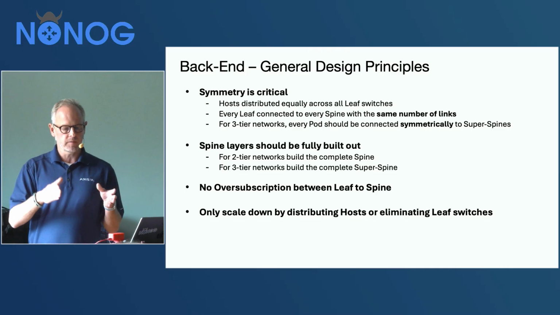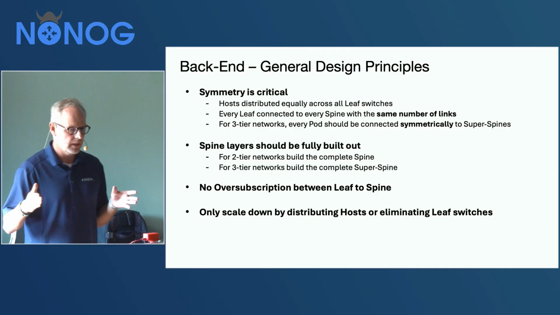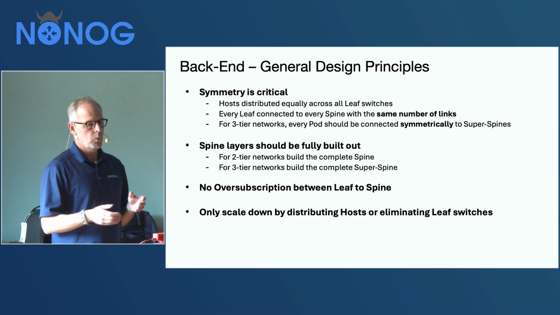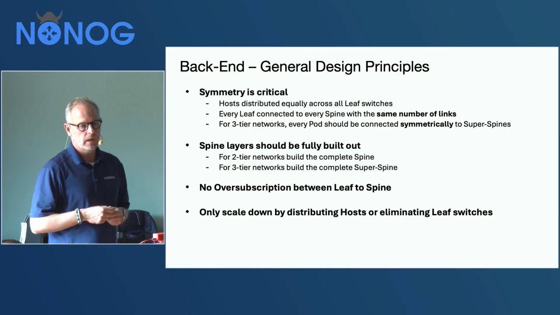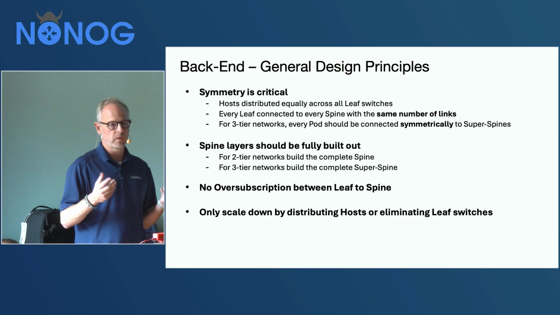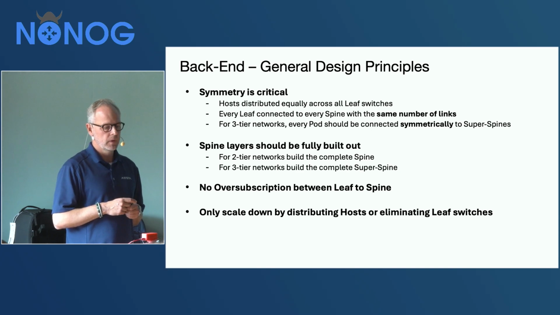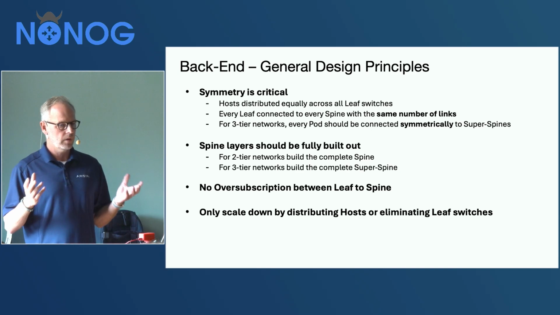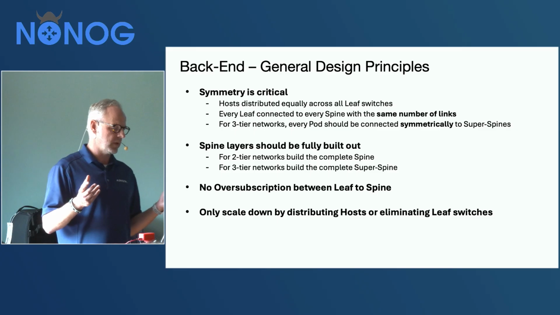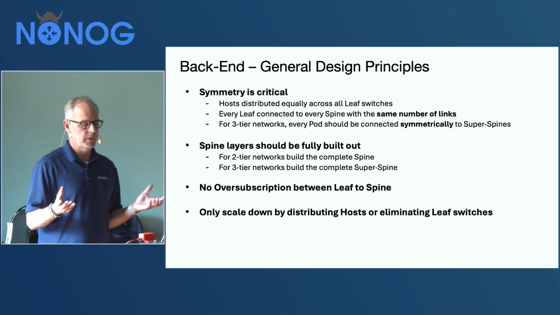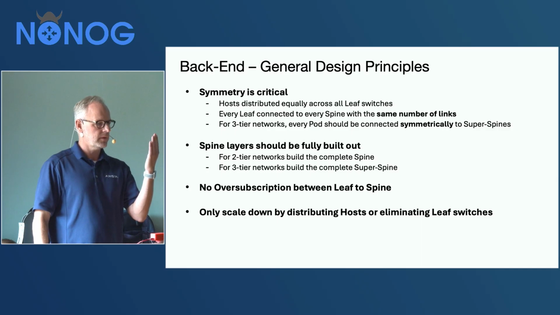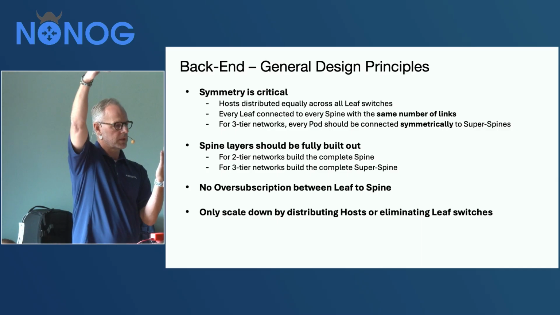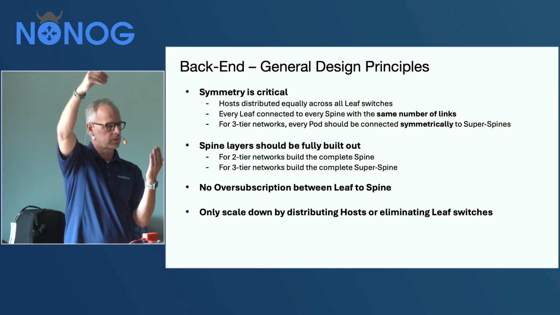Then you can add leaves and GPUs later if you want to scale out. Why? Because otherwise you need to start recabling everything, and that's not fun when you have thousands of fibers. One important thing: no oversubscription between leaf and spines, which means the terabits of bandwidth coming in from the GPUs to a leaf switch should equal the terabits of bandwidth going out from the leaf switch to the spines.